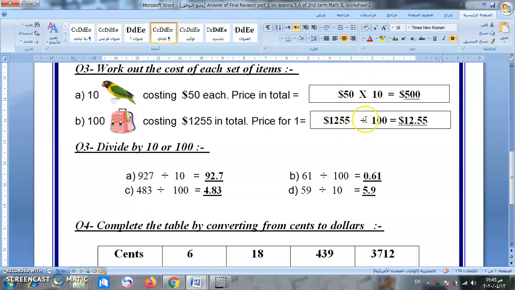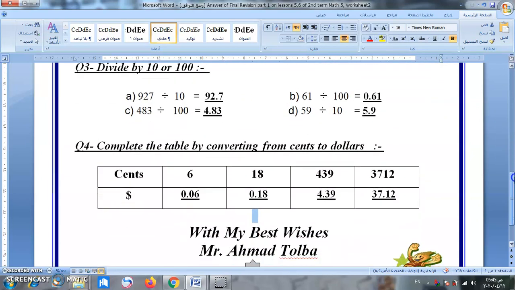Above we multiply, but here we divide. هنقسم by 100. So $1,255 divided by 100. We'll put the point back 2 numbers because we have 2 zeros. So 12.55.